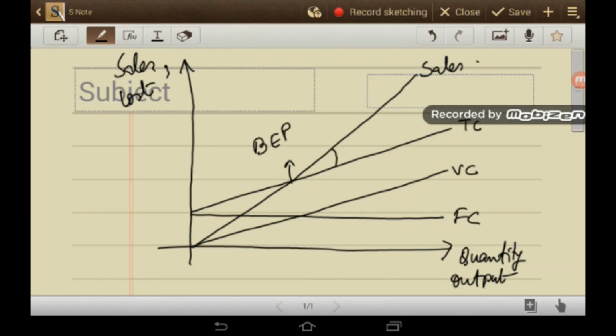The angle made by the sales line and the total cost line is denoted by theta, known as the angle of incidence. At the break-even point, the firm earns no profit and no loss.